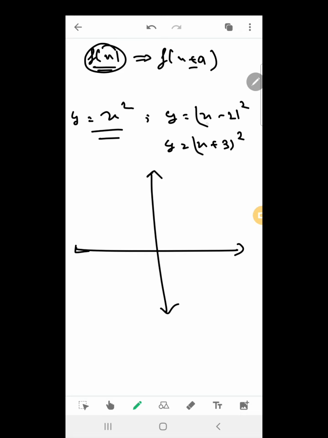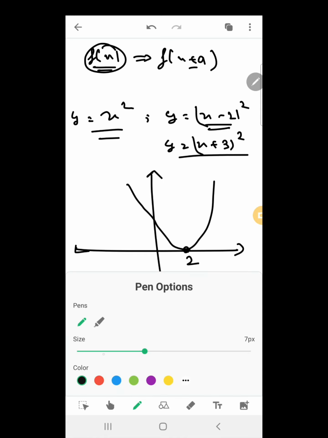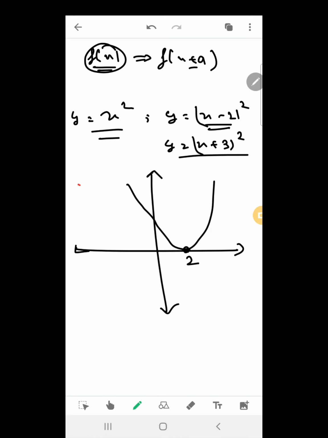Here at x equals 2, y becomes 0, so the curve will shift to x equals 2. Here at x equals minus 3, y becomes 0, so the curve will shift to x equals minus 3. Clear?